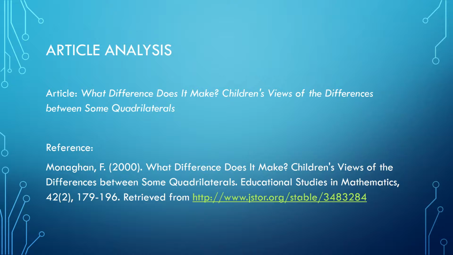They created a study with a group of 24 students between the ages of 11 and 12 years old, and their goal was to analyze the language the students were using to describe the differences between the quadrilaterals in order to help them see how the students were actually conceptualizing the shapes.